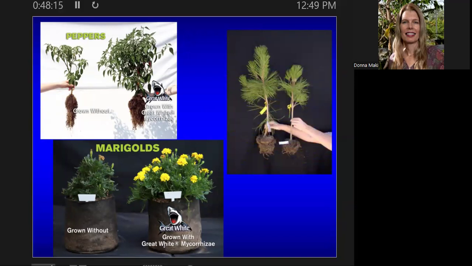So Great White is a company that I've purchased the VAM fungi from many times and have had good success with. And so these are just some of their images showing the with and without pictures of the mycorrhizal fungi.